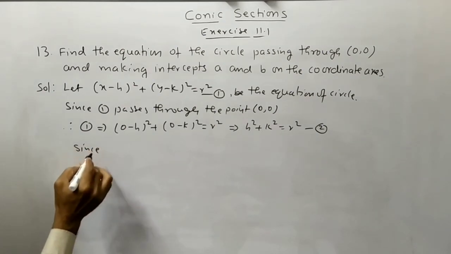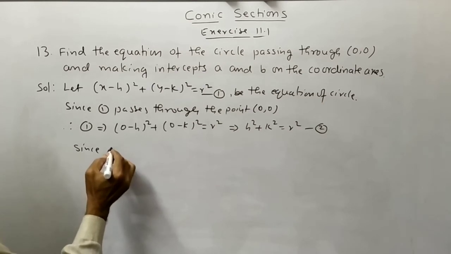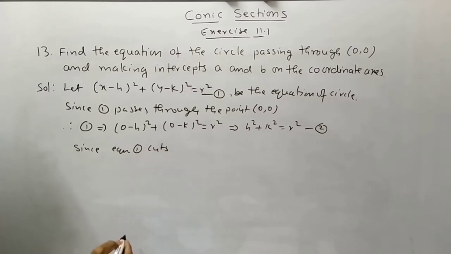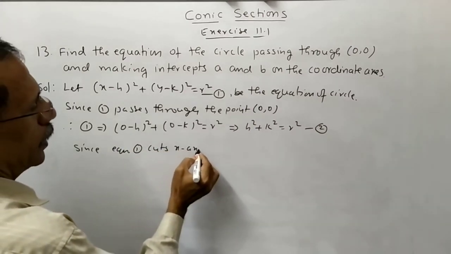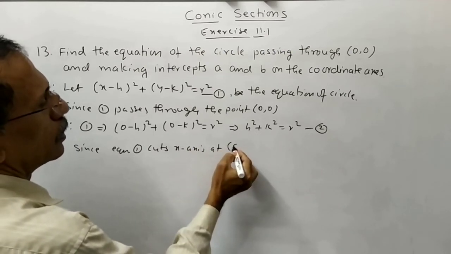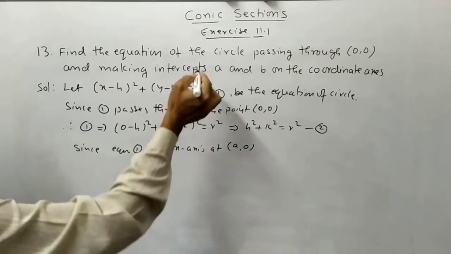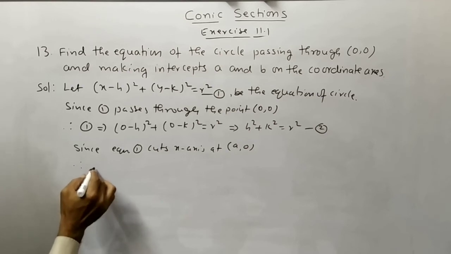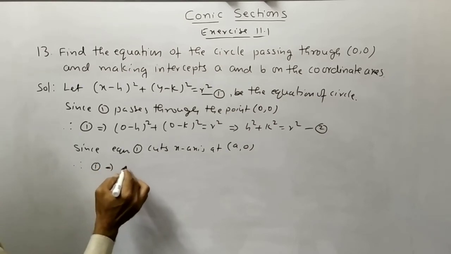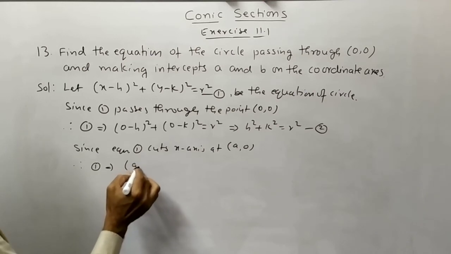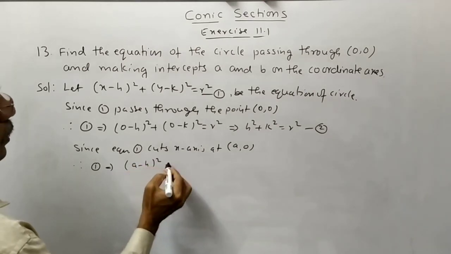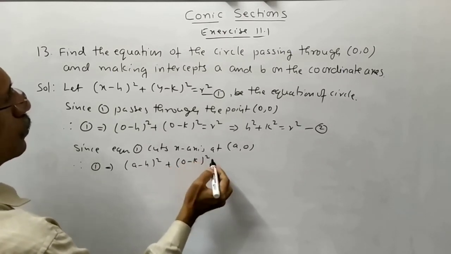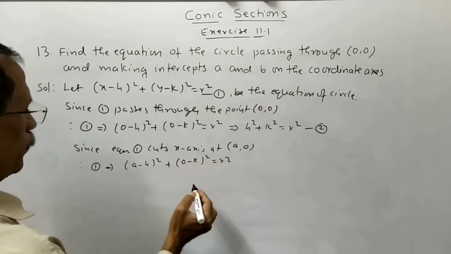Since equation 1 cuts x-axis at point with coordinates a comma 0 because x-intercept is a, therefore 1 implies (a minus h) whole square plus (0 minus k) whole square is equal to r square.